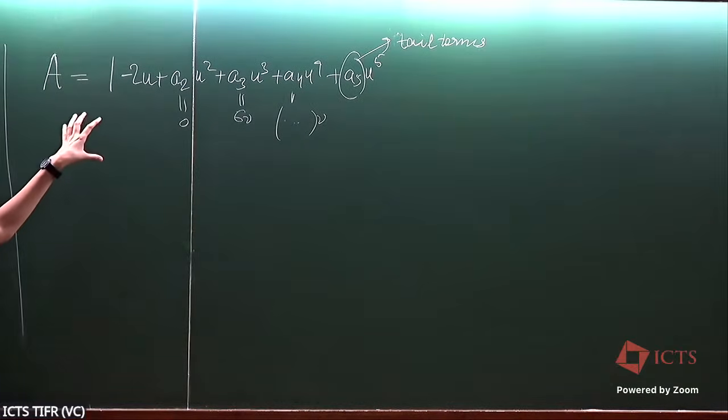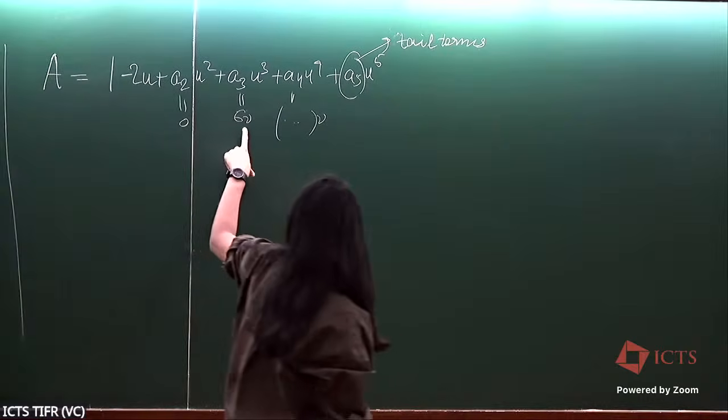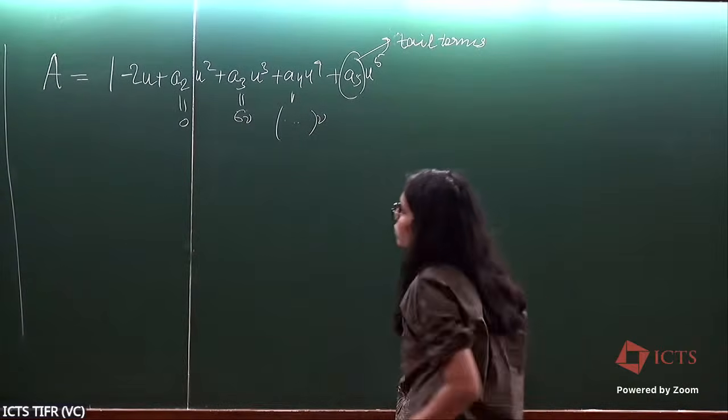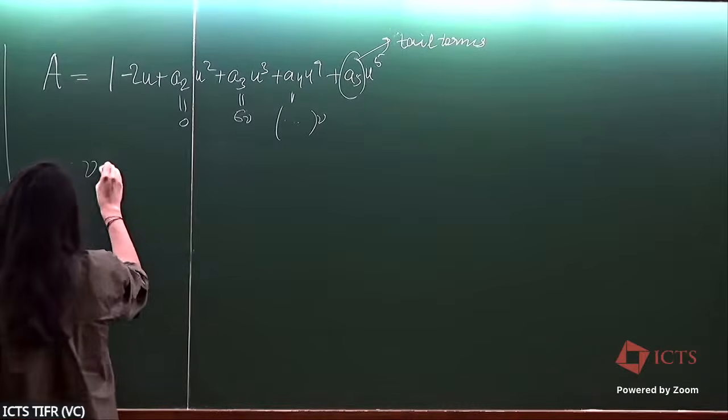So in other words, we can rearrange this such that it's an expansion in nu instead of u, where nu is the symmetric mass ratio.